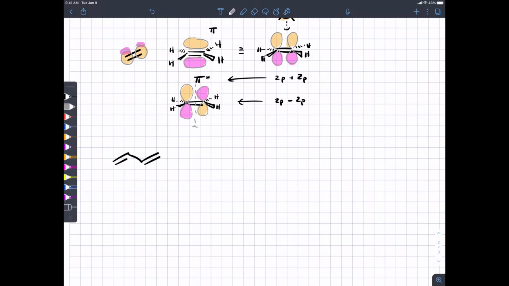You probably saw this when you did butadiene in the Diels-Alder reaction. You mix 4 p orbitals on adjacent atoms together, and the lowest energy one is this one that would be delocalized over the whole molecule.